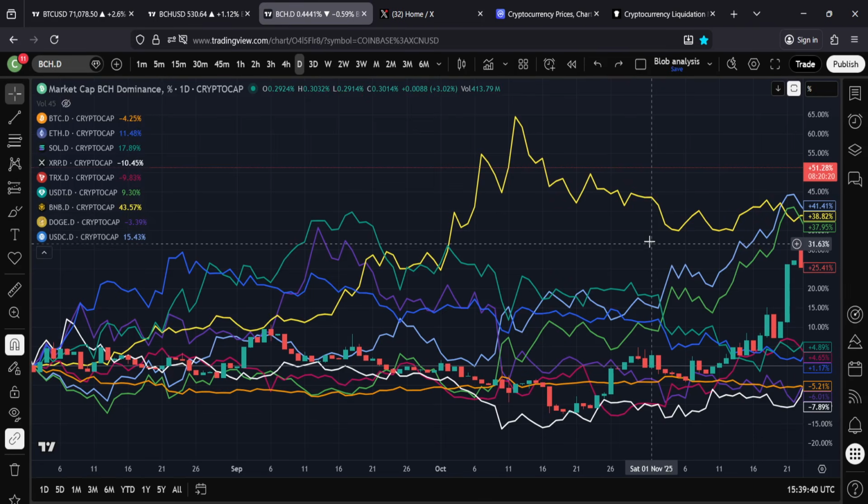So in other words, BNB here in the yellow started off here. This is the 0% line because that's where the data is being measured from. And then it went all the way up to 64% here. So it had 64% growth in market cap dominance. That doesn't mean it grew to 64% dominance. It had 64% growth in market cap dominance. If it was at 1% and it went to 1.64%, that's 64% growth, right?